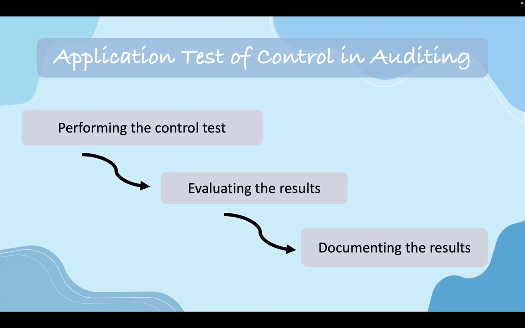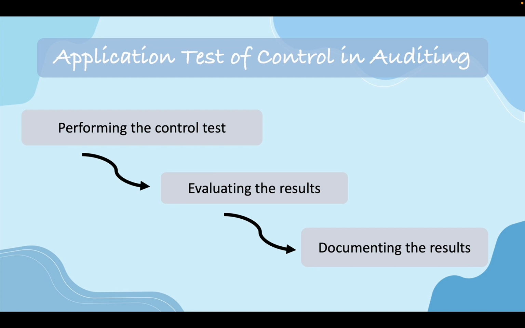The fifth step is performing the control test. Auditors perform the control test, which involves testing a sample of transactions or items to determine whether the control has been effectively applied. This may include examining supporting documentation, reperforming control procedures, or interviewing personnel. The sixth step, evaluating the result.